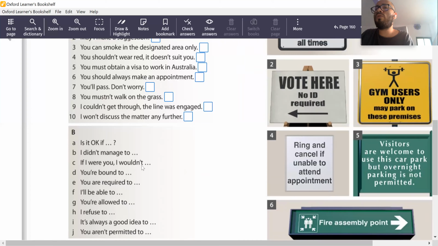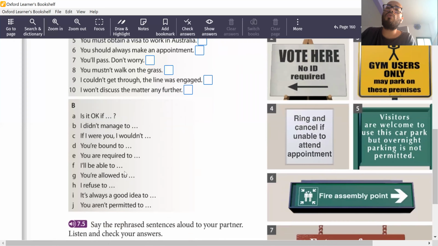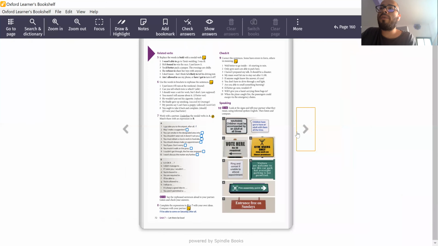You'll be able to. As I said, you can use can in the future, so the other alternative is be able to. Refuse to, allow to, it's always a good idea, you aren't permitted to. And those, as you can see, are expressions, so you can add prepositions there.